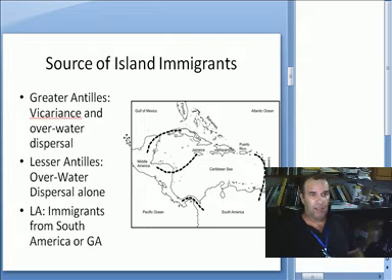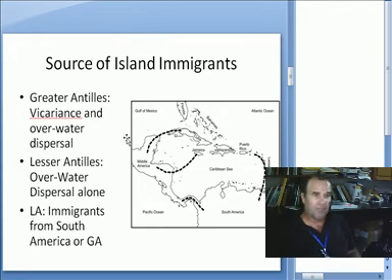Vicariance is the property where a population, which was previously one population, splits into two populations because some barrier is formed between individuals within that population. And basically what that boils down to is the island used to be attached to the mainland but is split off from the mainland. So the populations on the mainland are now separate from the populations on the island.